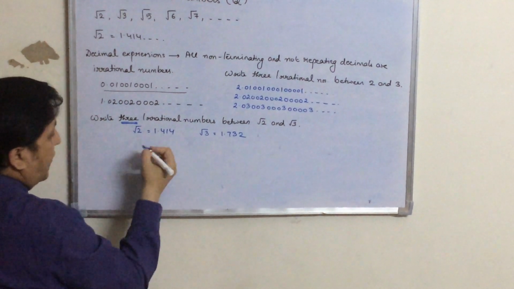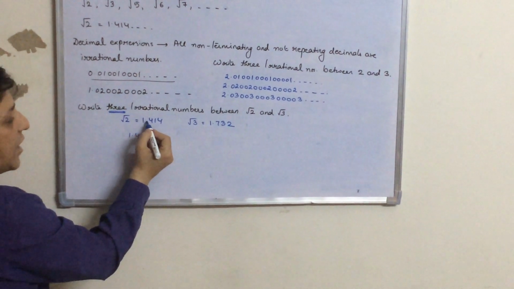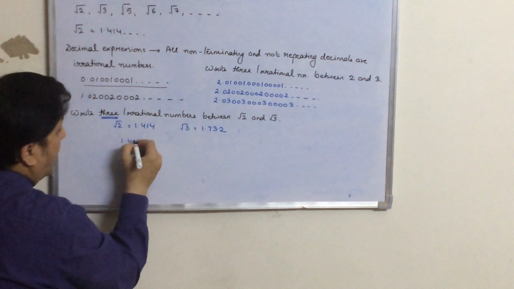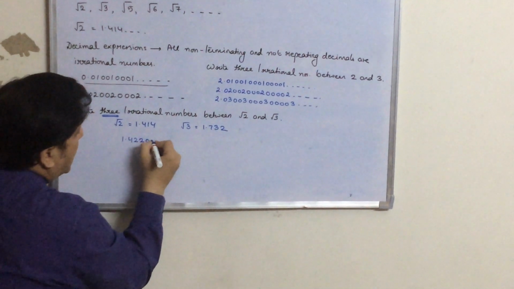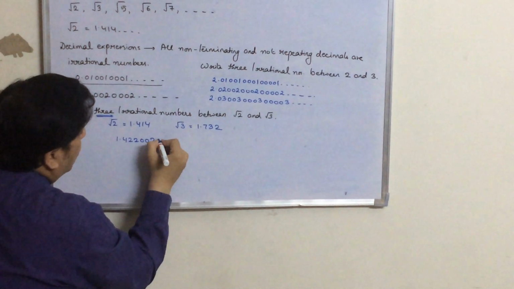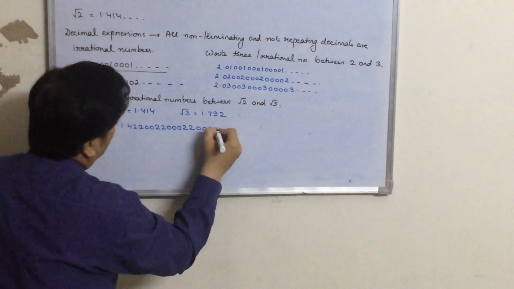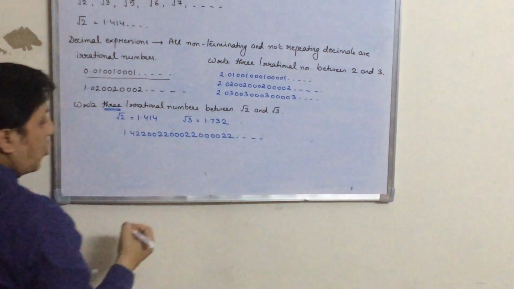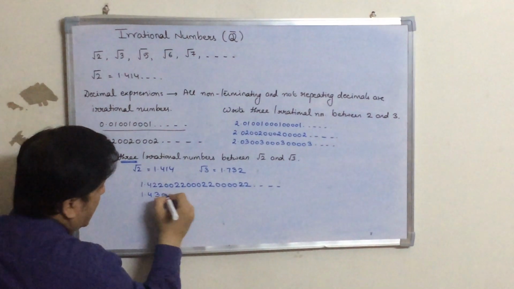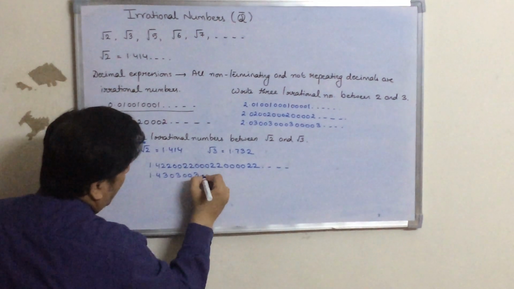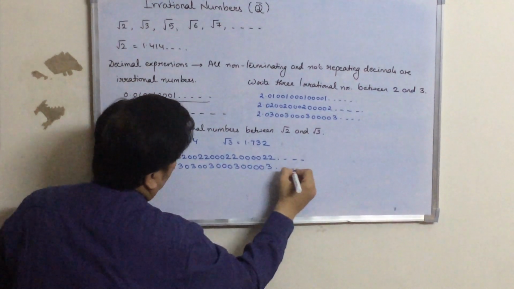So, the first can be 1.4. Now, any number which is greater than 1.414 can be 1.42, 2 0 0 2, 2 0 0 0 2 and so on. The second can be 1.4303, 003, 0003, 00003 dot dot dot.